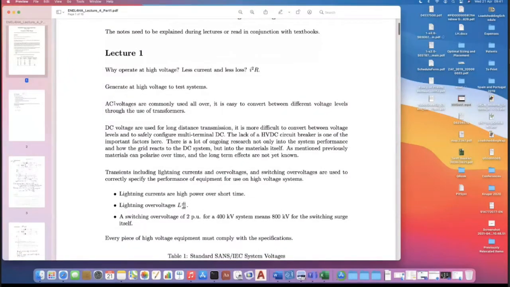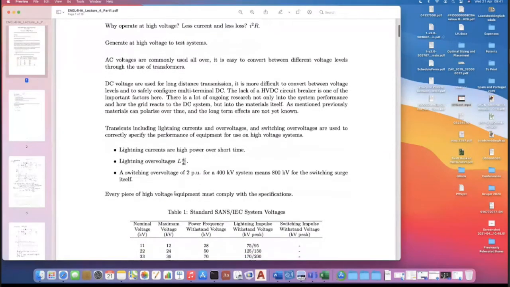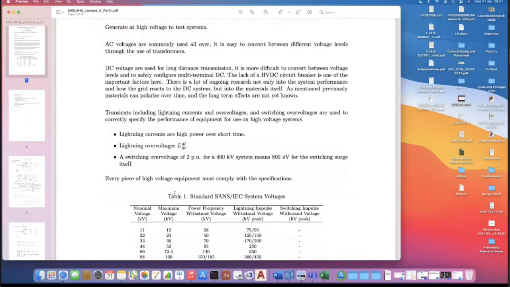I've given a couple of notes there about AC and DC, but again, we're concentrating on the test systems. The other interesting thing that we look at is transient high voltages and high currents.